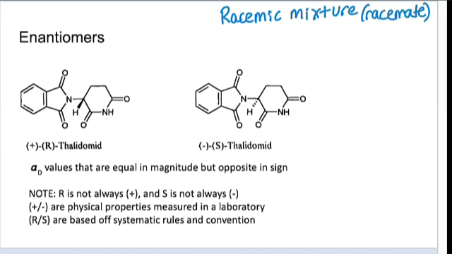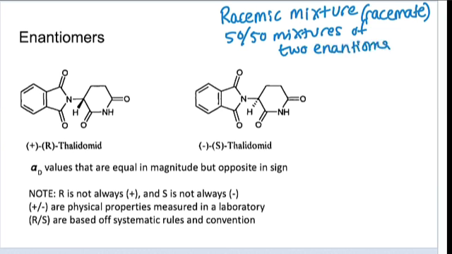So racemic mixtures, or racemates, are 50-50 mixtures of two enantiomers. Right, so the R form of thalidomide, thalidomide is the marketed name of thalidomide.